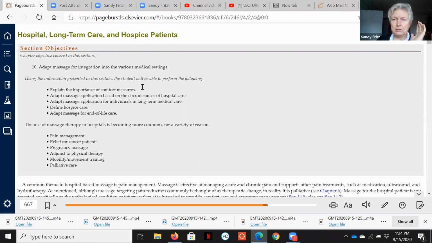These environments, hospital, long-term care, and hospice, have some of the same components. And these are what we would consider, from chapter 13, medical environments.